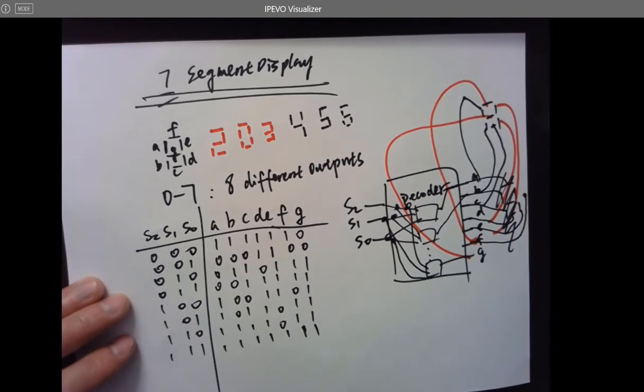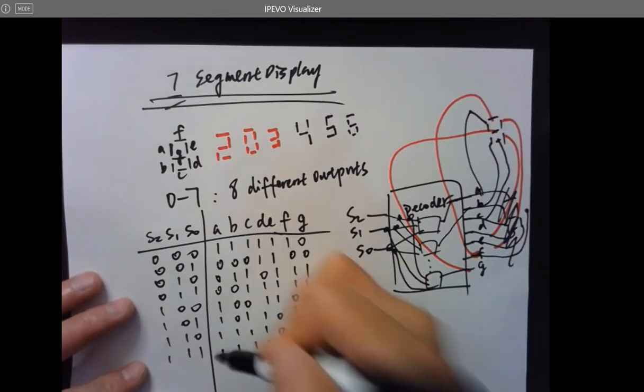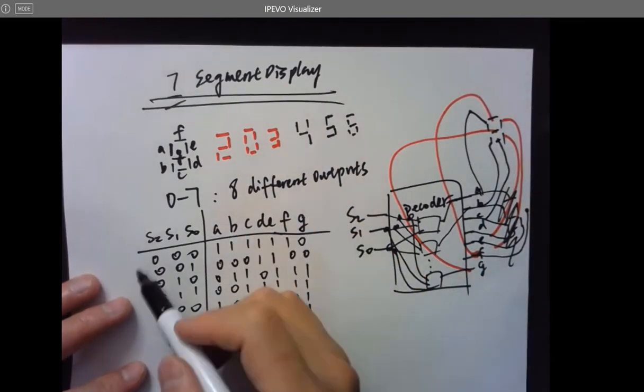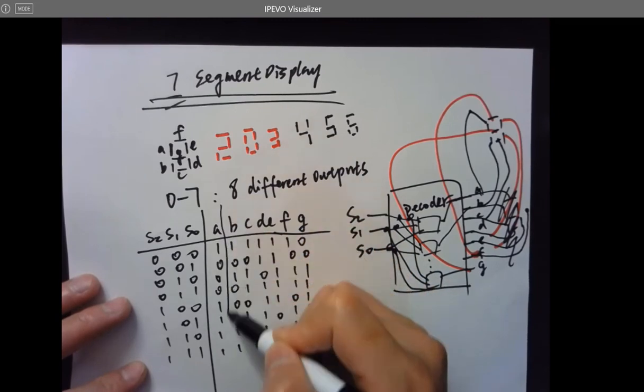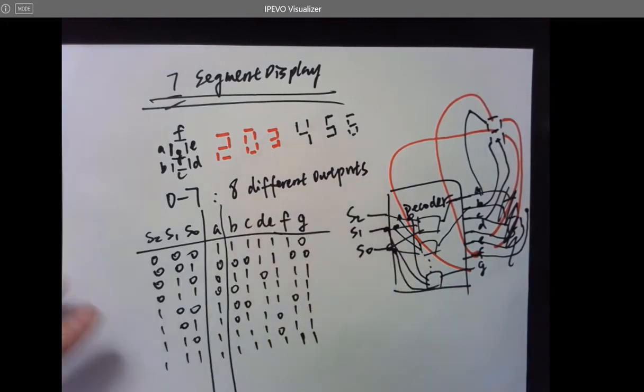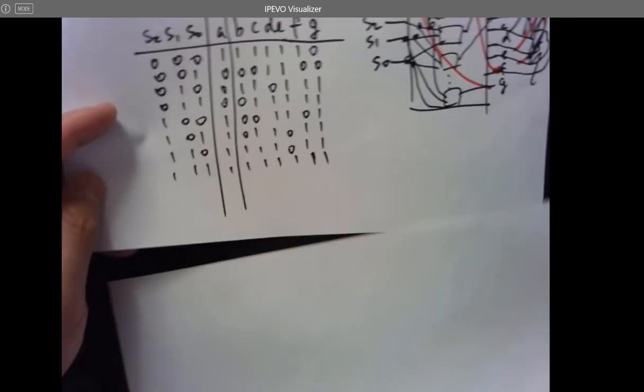So let's look at A. If I only look at A, depending on the input, you want to look at this vertically, and A will be what?